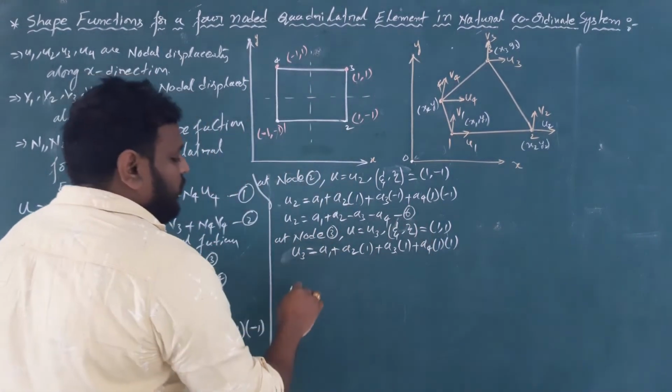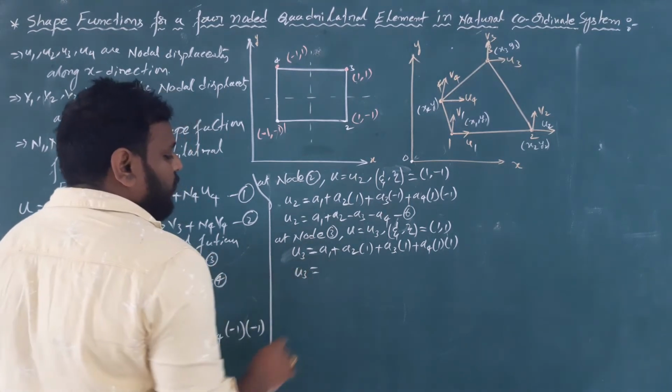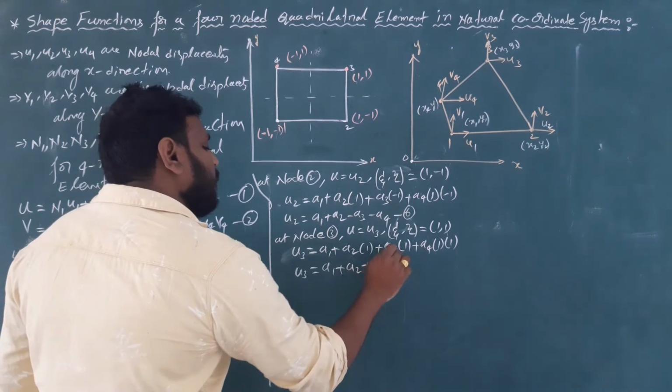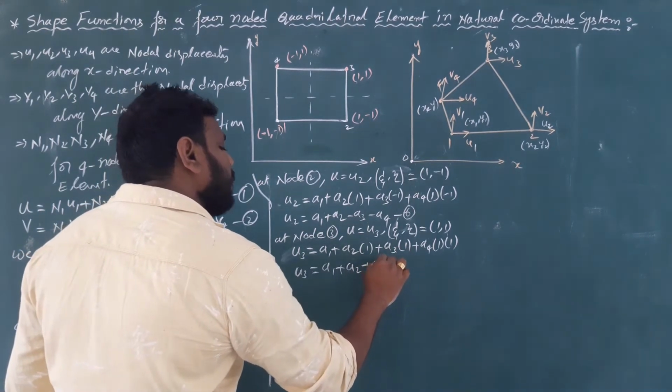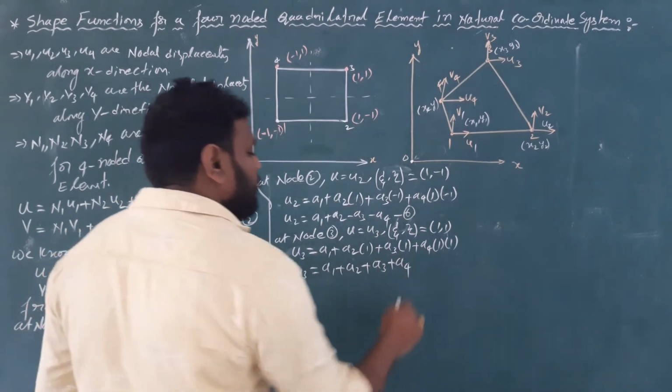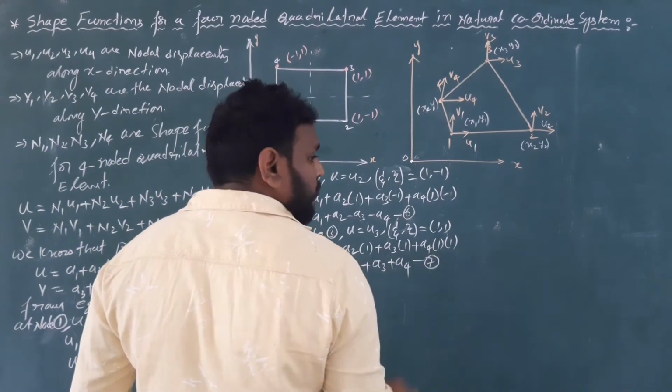Simplifying, u3 = a1 + a2 + a3 + a4. This is equation number 7.